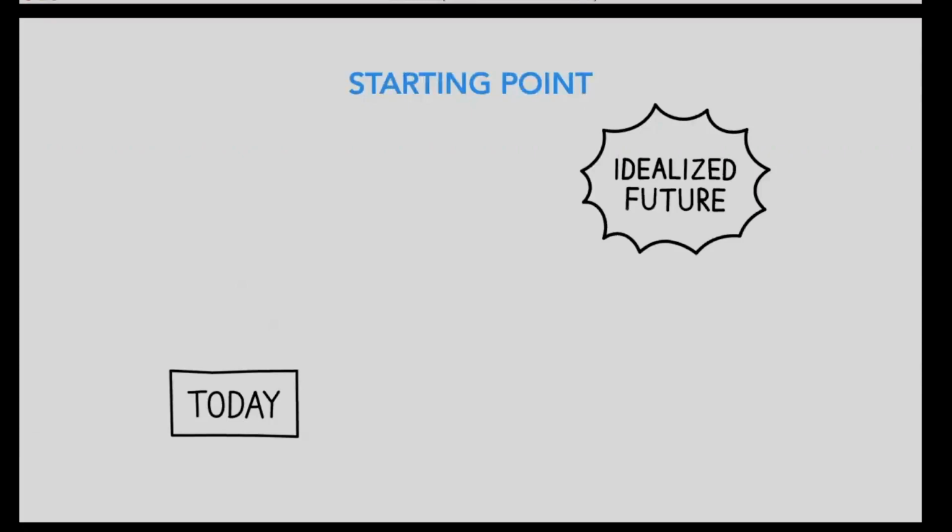So the reason we need to move this direction, and what I usually say is we want to move from the future back to today, is because every time we think about today, we get stuck in our daily limits, right? It's the limits of the dollars that we have in hand.